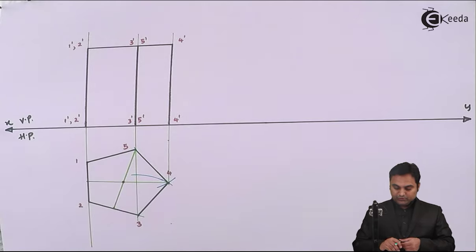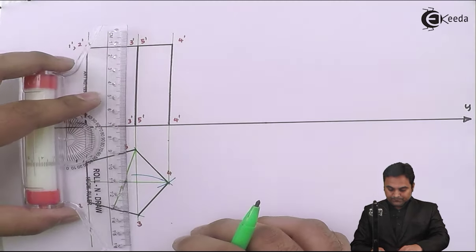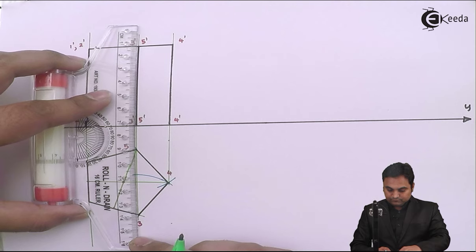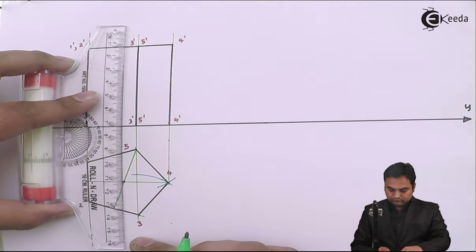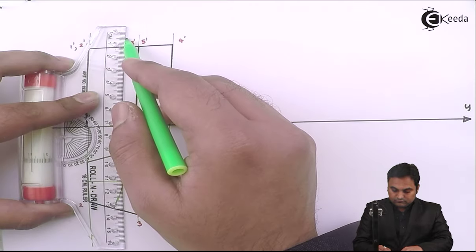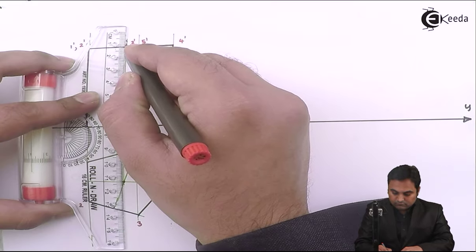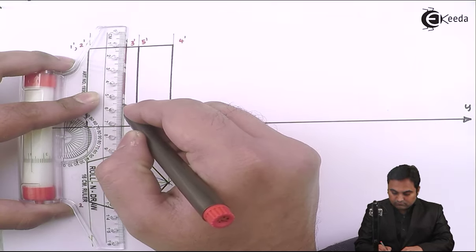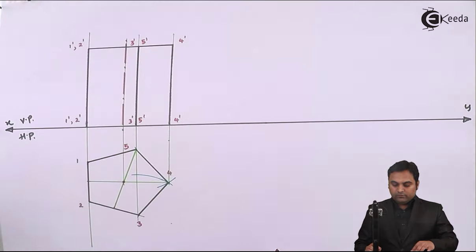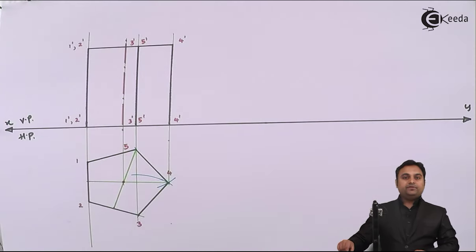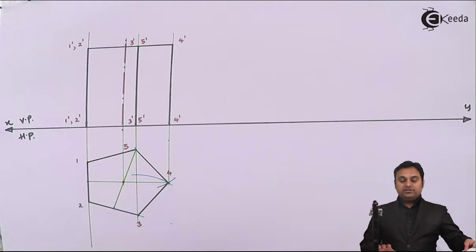That line needs to be projected in the front view. So here is the axis of the pentagonal prism. So this was the initial condition.